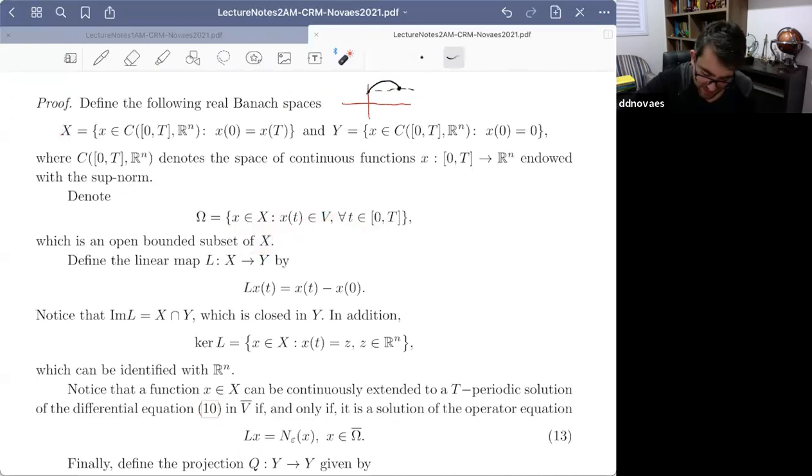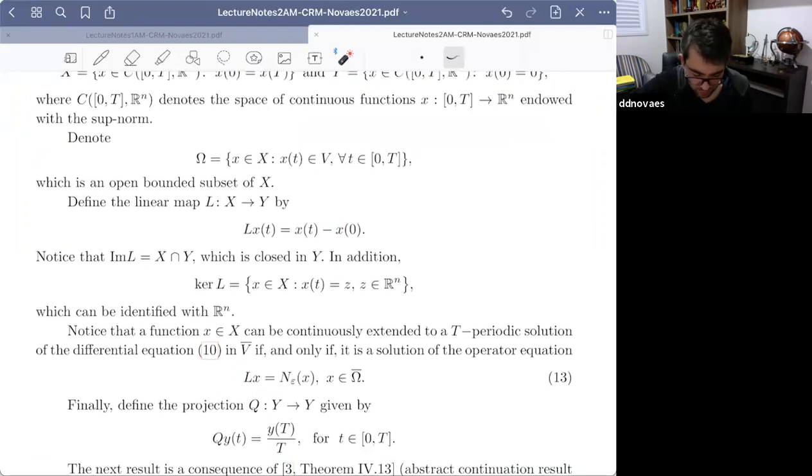And we define the linear map, the same thing that we did Monday, L, a linear map between X and Y, just by taking the difference between x evaluated at t and x evaluated at 0. This is a linear map. We note that the image of L is actually equal to X intersected with Y, because the image is a function that vanishes for t equals 0, since I'm subtracting x of 0.